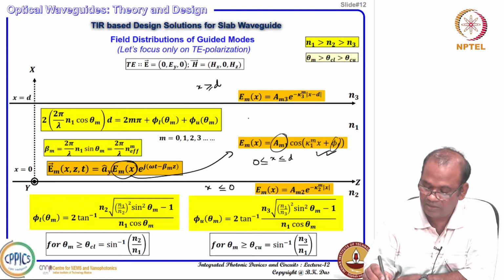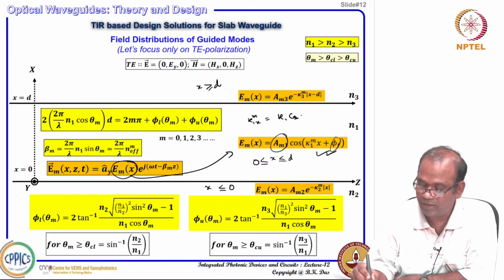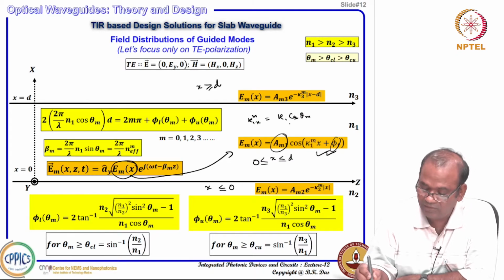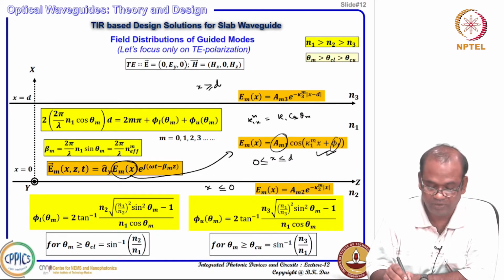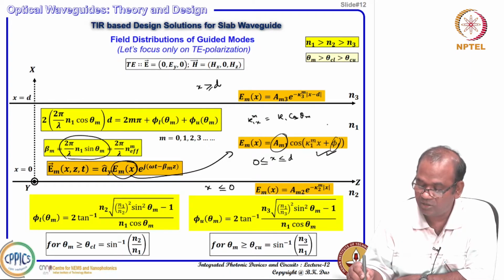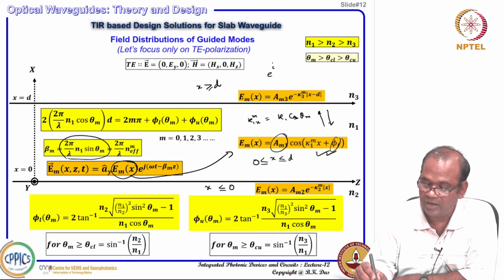That is nothing but the x component of k1 for the mth mode, which is k1 cos theta m. So, k1 sin theta m is contributing to beta, and k1 cos theta m is the direction in which the standing wave is created. So, for the standing wave you can have e to the power i k1 x plus e to the power minus i k1 x.